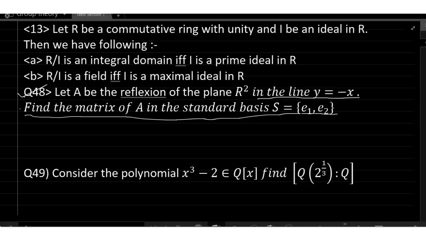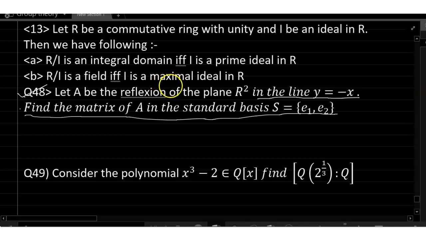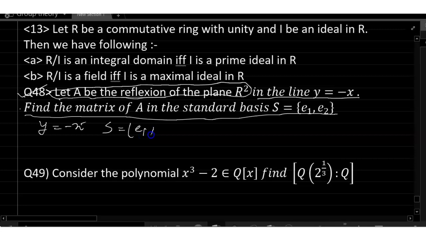So A is the reflection of the plane R square. This point is remarkable. The line is y equals minus x, and x equals e1.